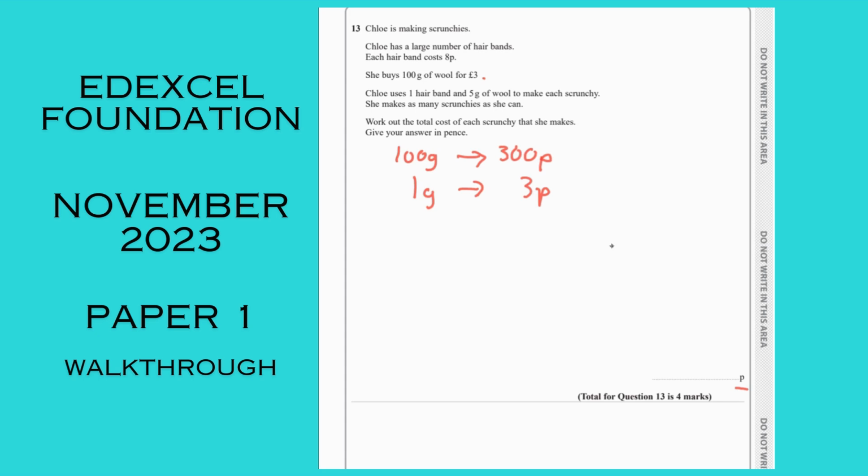But to make a hairband, she uses 5 grams. So that's going to cost 15 pence. It wants a total. So we have 15 pence worth of wool. We have 8 pence for the hairband.